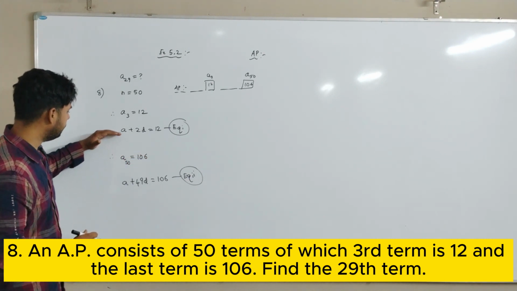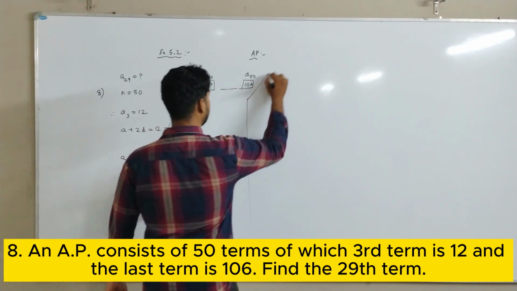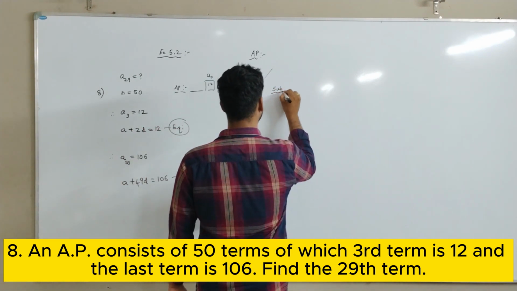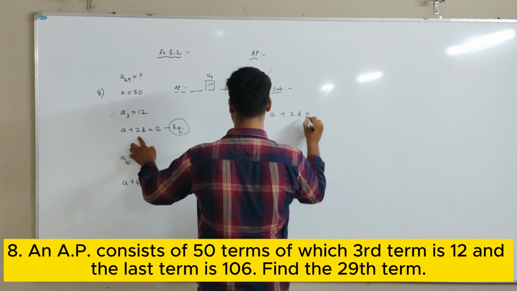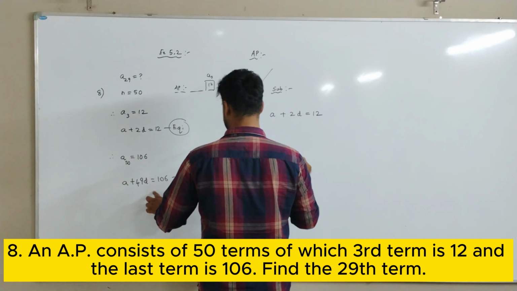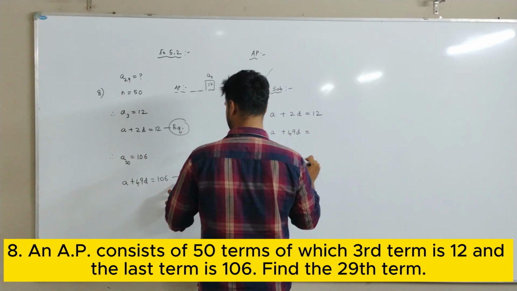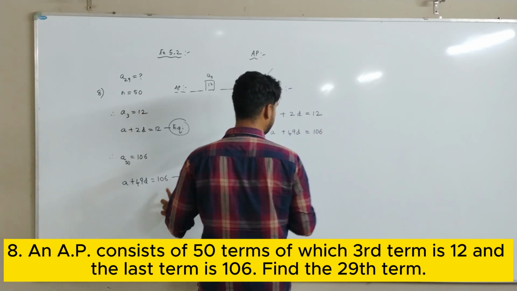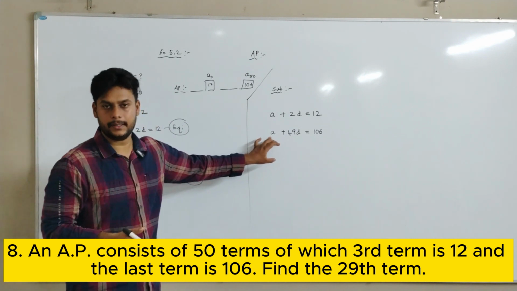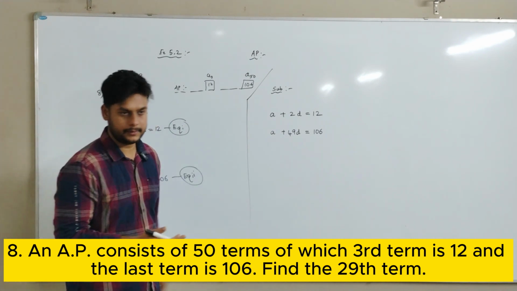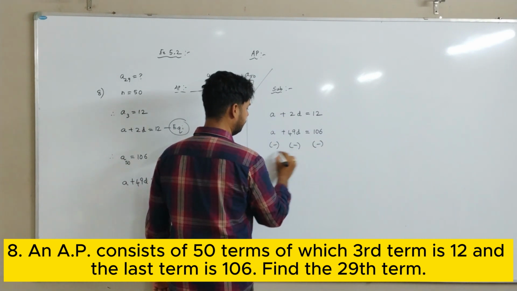So first, this equation minus this equation. Subtraction. A plus 2D is equal to 12, A plus 49D is equal to 106. Now if it is positive I should convert it to negative, and negative becomes positive. So plus becomes minus.